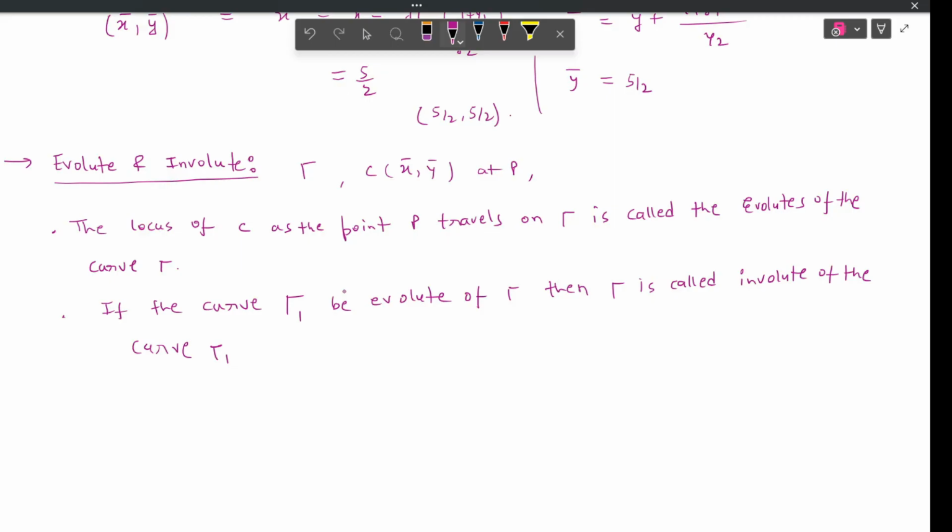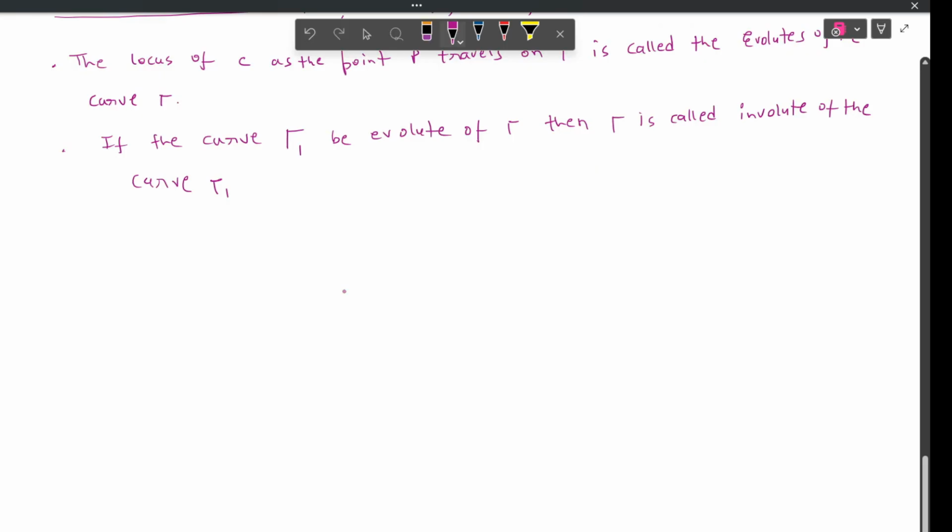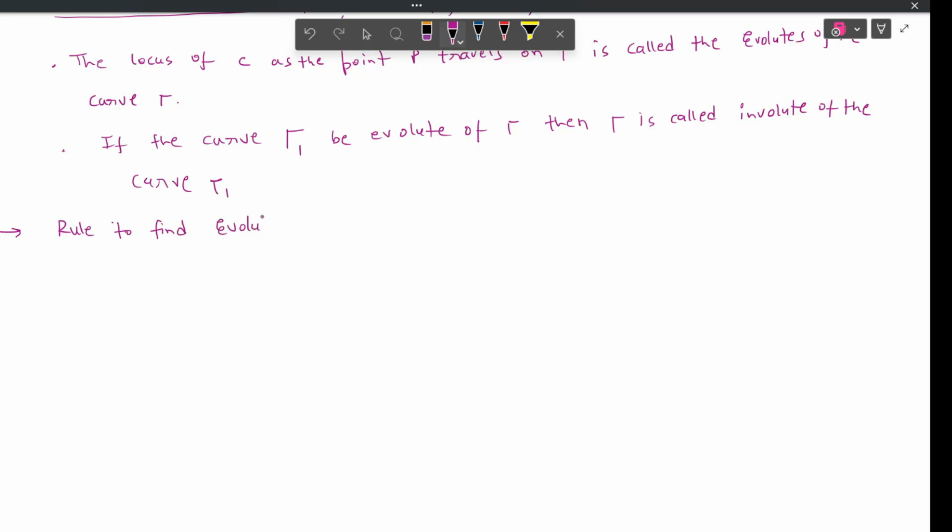Now let us see the rule to find the evolute of a curve.